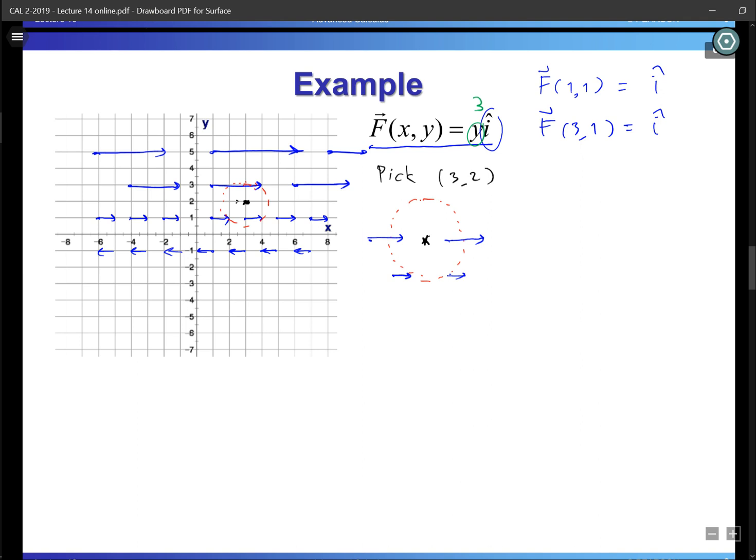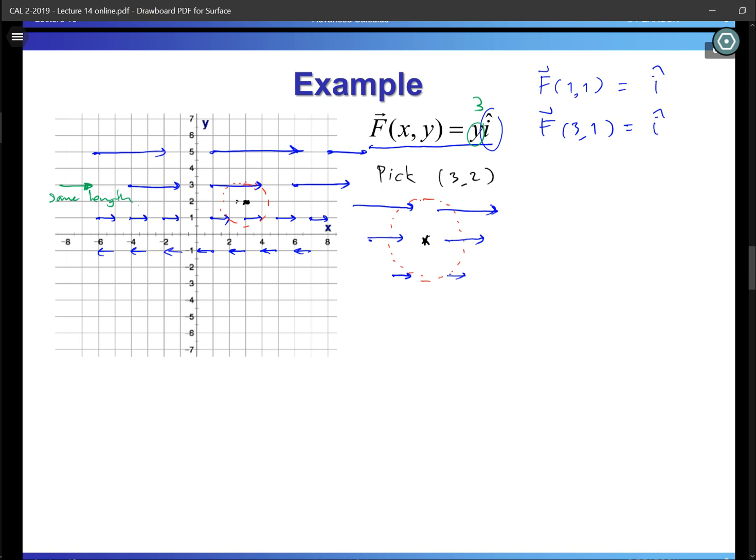Why? Because the size of the arrow depends on the y value. As you can see here, y is the same, so the same length. And up here, you are going to see bigger, longer arrows go in and longer arrows go out.